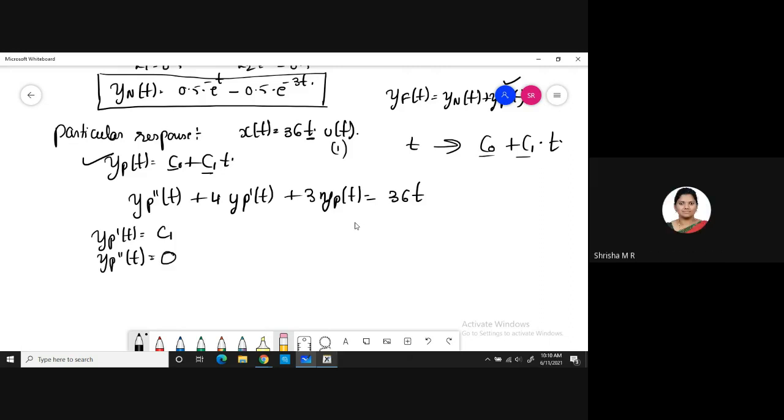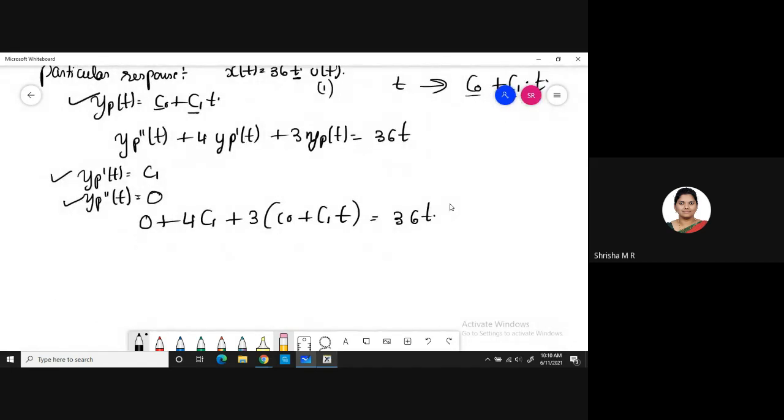So substitute this in the equation. So 0 plus 4 C1 plus 3 C naught plus C1 into t is equal to 36t. So what do you have? 4 C1 plus 3 C naught plus 3 C1 into t is equal to 36t. Now how will you find C naught and C1?